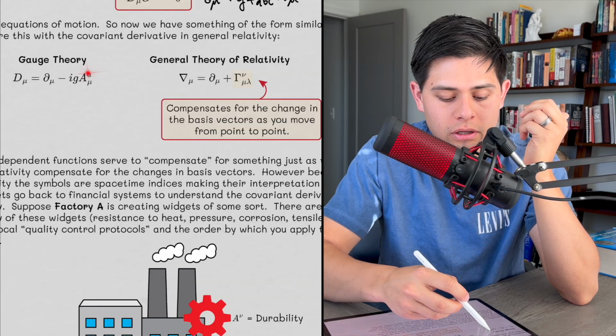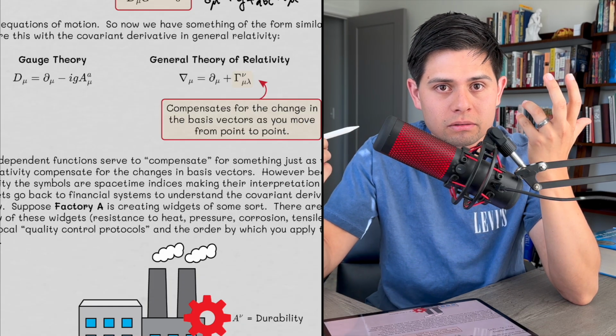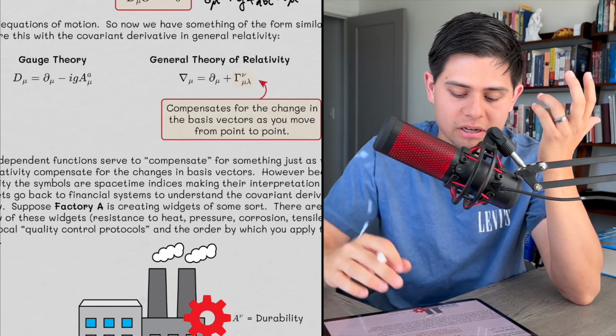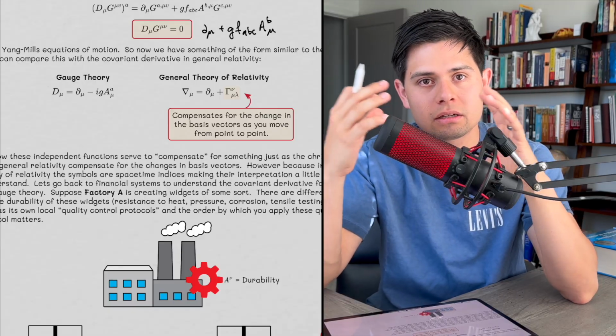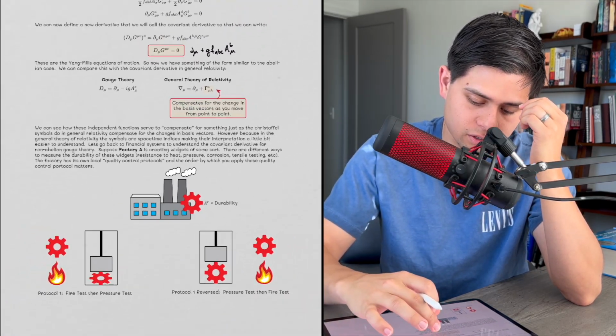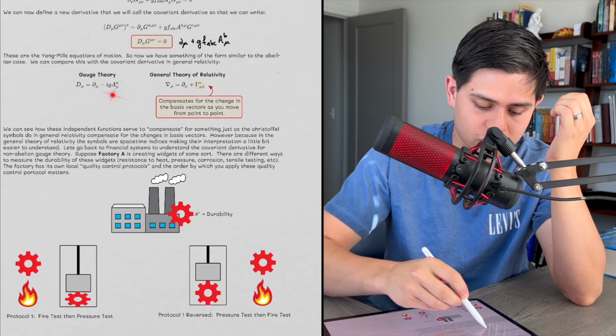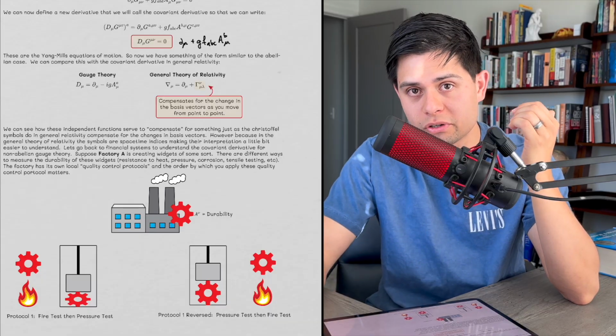So this thing here might be a compensatory object, but we don't know how yet, because it's not directly analogous to the Christoffel symbols in this way. It's only directly analogous in the sense that the covariant derivatives look very similar to each other.